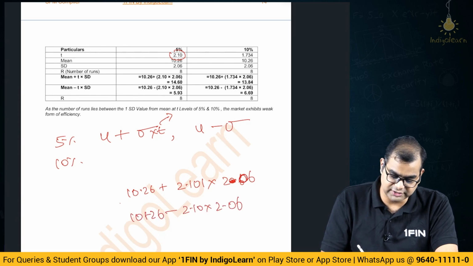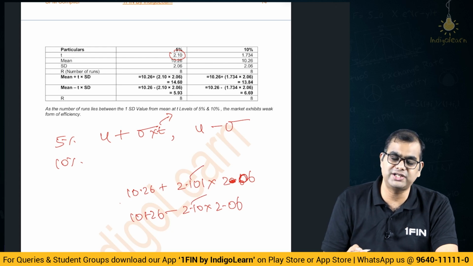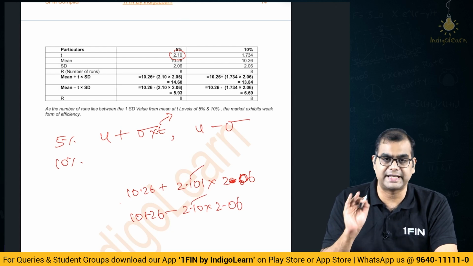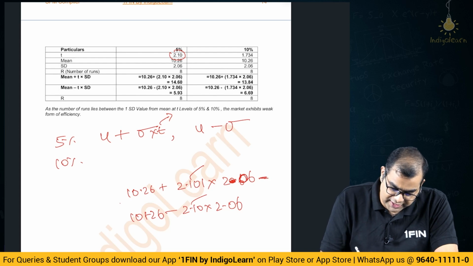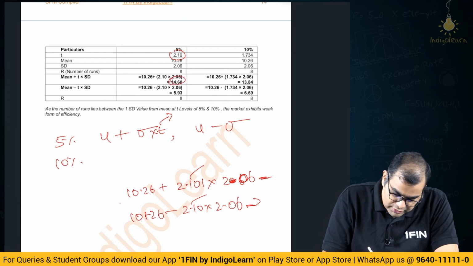For a 10% test, this number 2.101 will change to 1.73. Like that you do and find the values. The plus value comes to 14 and the minus value comes to 5.